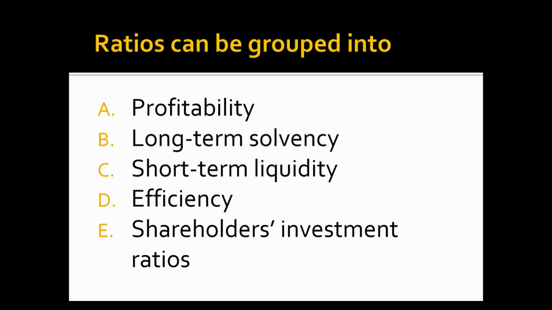And then the short-term liquidity ratios, the most important being the current ratio and acid test. And then the business efficiency ratios, very important, like debtor and creditor turnovers and average collection periods. For running a business, the efficiency ratios are very vital, so understanding them is very important in the business field. Finally, we'll go on to the shareholders' investment ratios like dividend yield, price earnings, things like that.